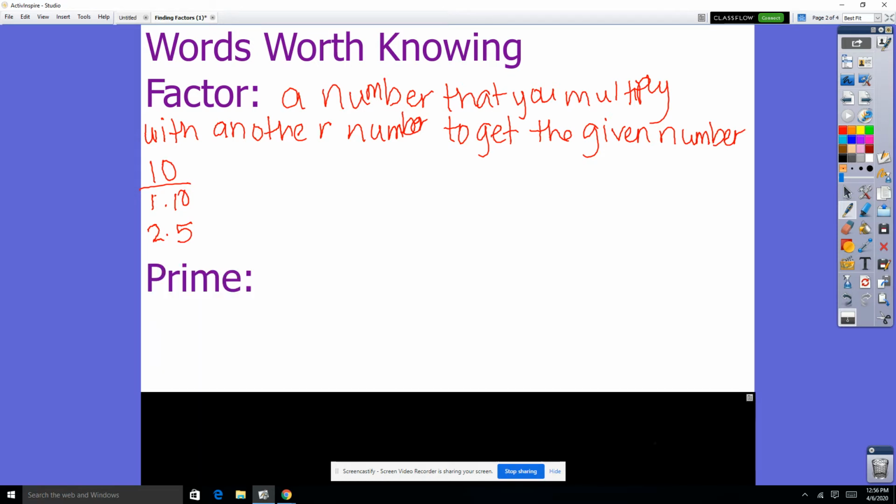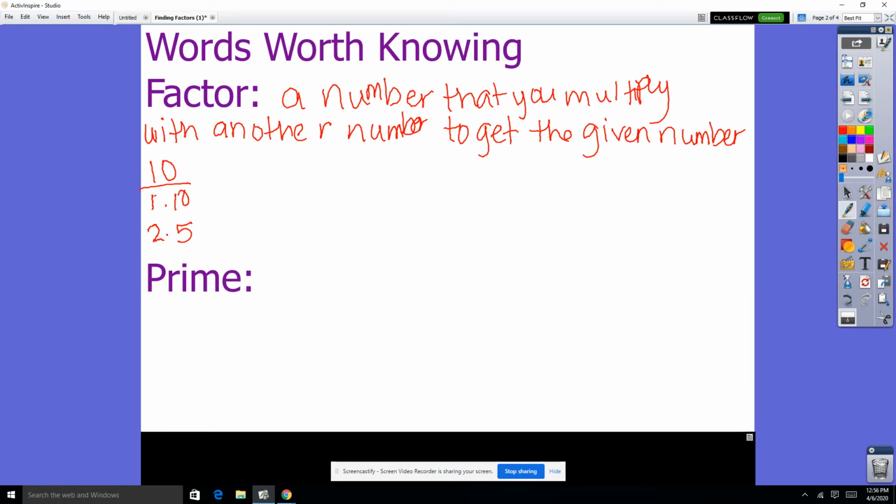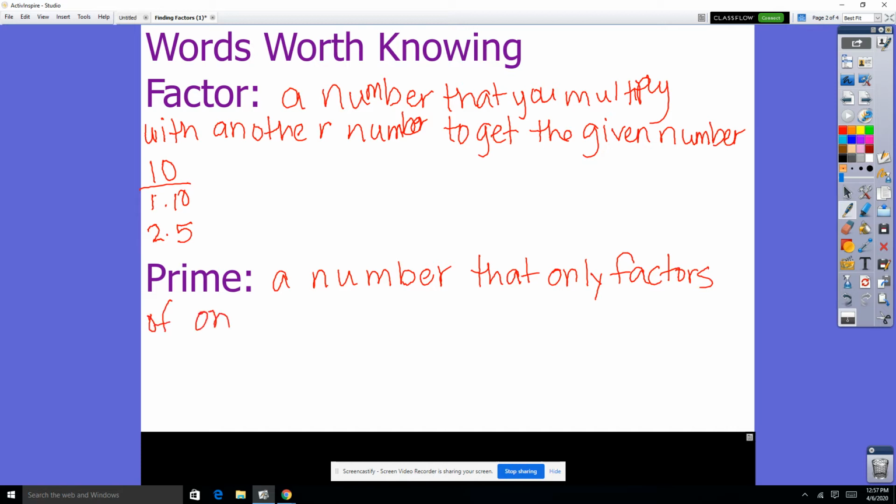The other word we're going to talk about is prime. We have prime numbers. A prime number is a number that only has factors of 1 and itself.